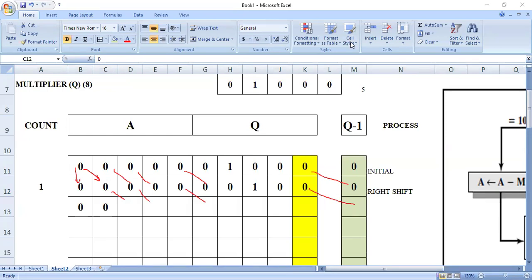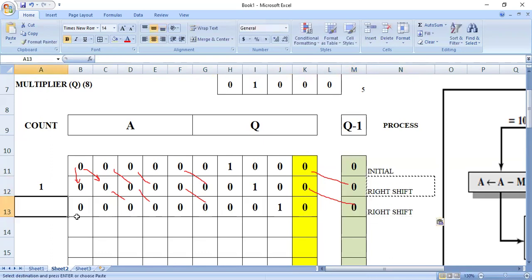So here 0, 0, 0, 0, and the Q value is 0, 0, 1, 0, 0. The Q minus 1 portion value will be discarded. So once again I perform right shifting, and this is cycle number 2.